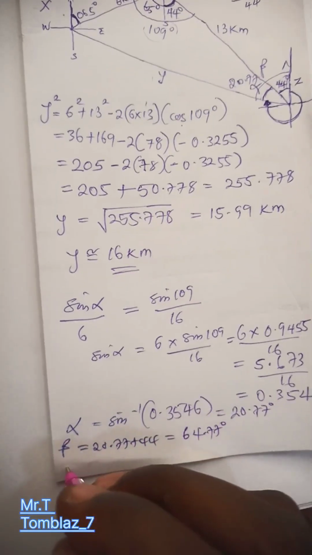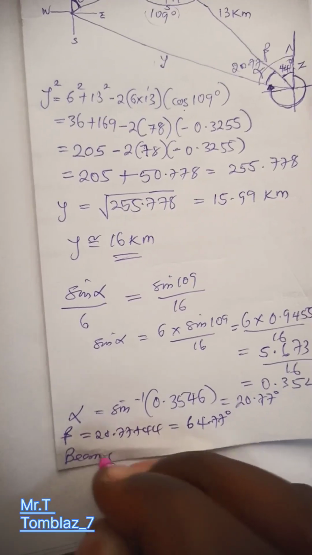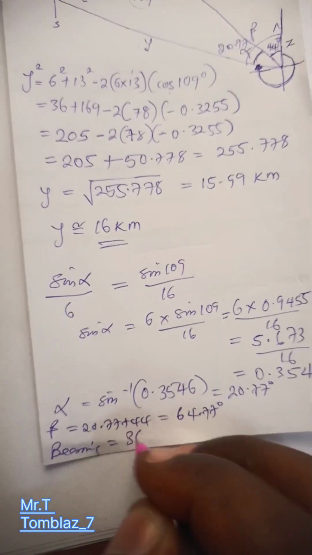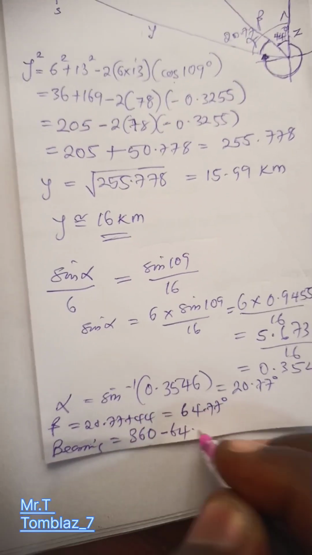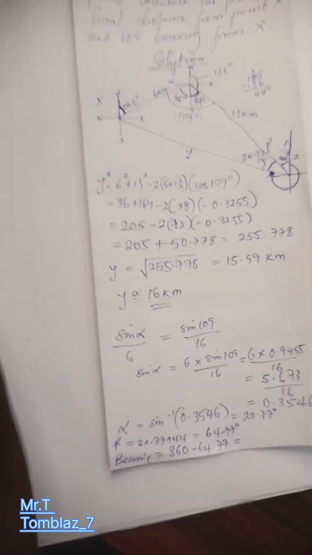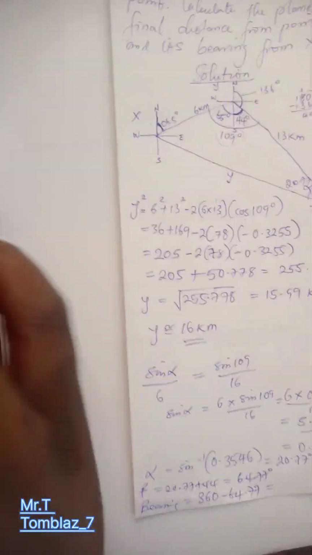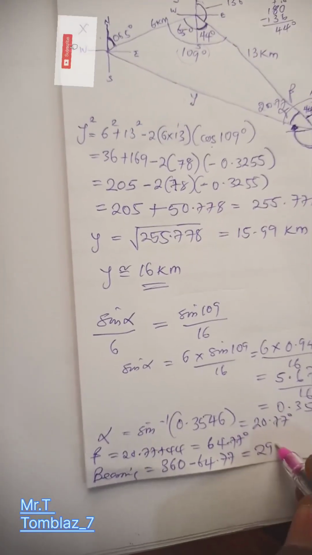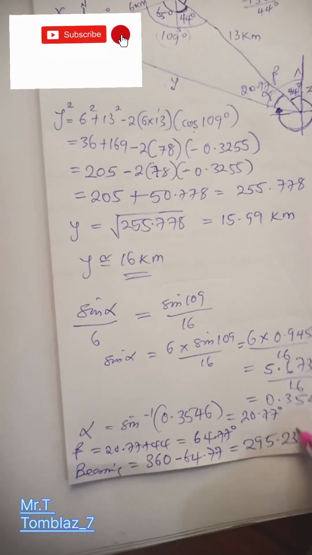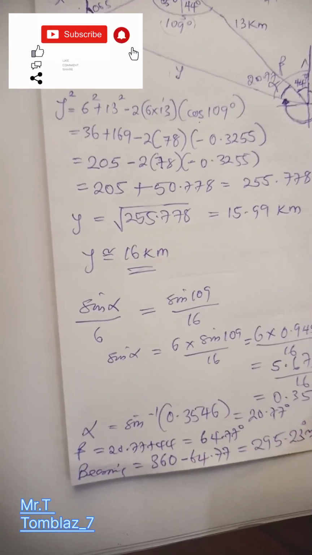So for us to get the bearing now, the bearing will be equal to 360 minus 64.77. So let's subtract. We have 295.23 degrees, so it's approximately 295 degrees.